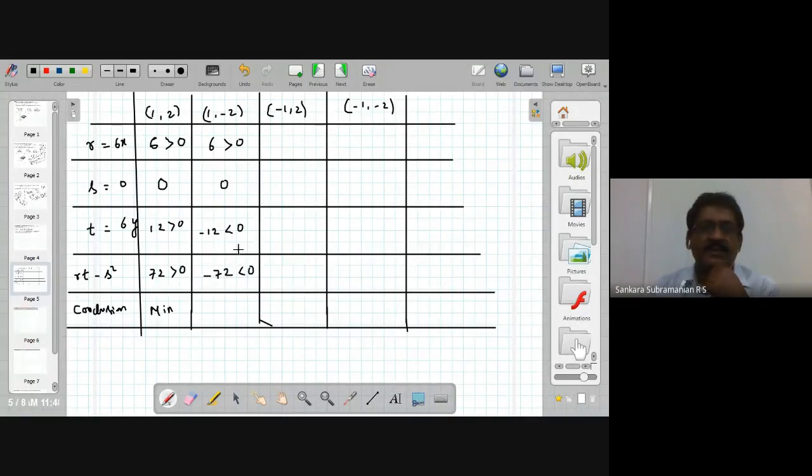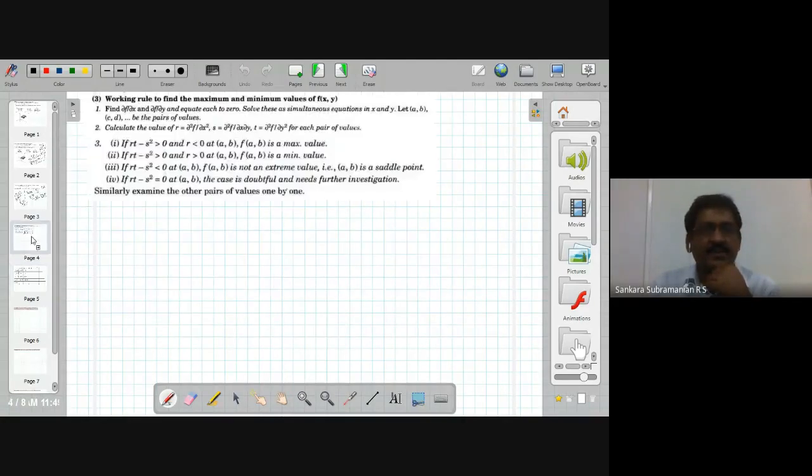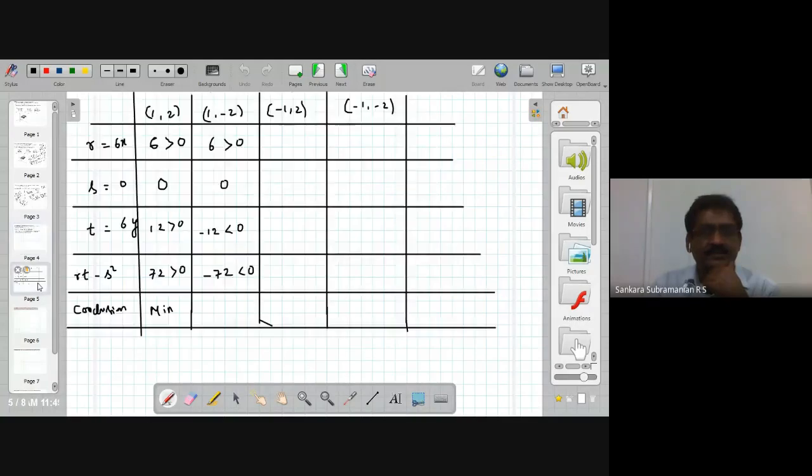RT minus S square, we can call it delta, is less than 0 and R is greater than 0. What is the conclusion? RT minus S square less than 0 means this point is a saddle point.